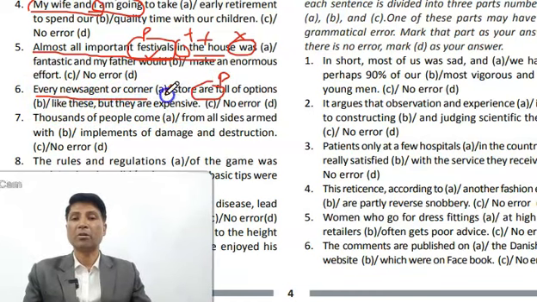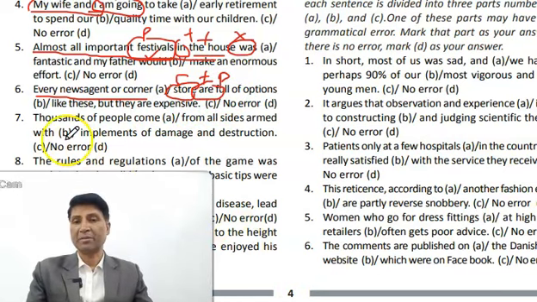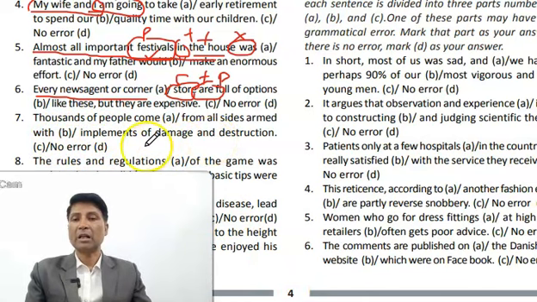So here corner store is my subject, which is singular. So you know, subject's person and number plus verb's person and number. That means my verb is wrong. In place of are, it should be is. Moving to question number 7. Thousands of people come from all sides armed with implements of damage and destruction.